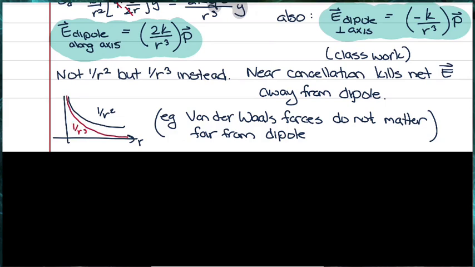So at a given distance away, the dipole electric field is going to be considerably weaker compared to a single point charge, because of that 1 over r cubed.